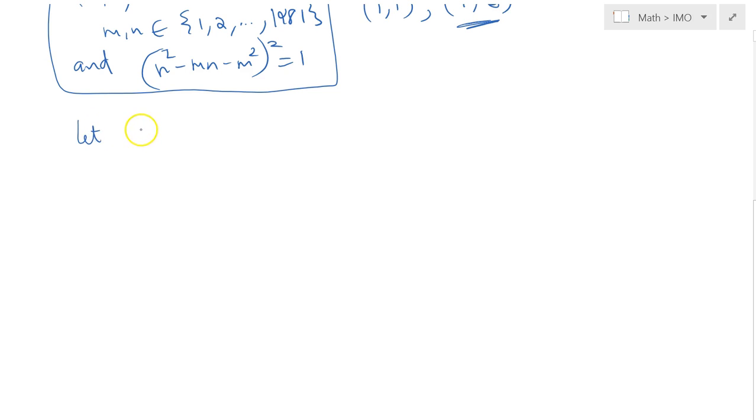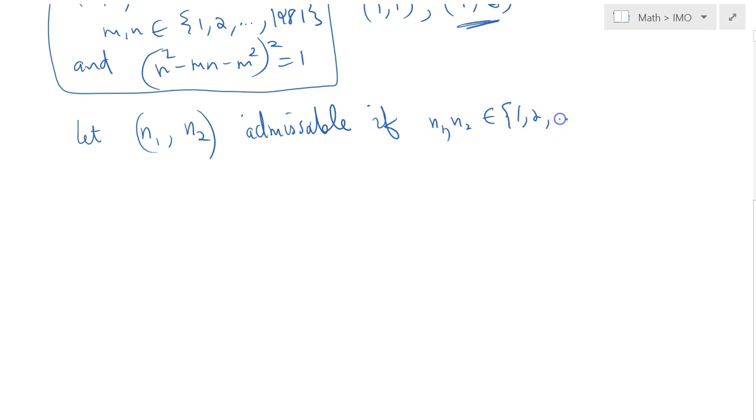Instead of calling it mn, I'll call it n1 n2. Why not? n1 n2 admissible, if again we pick n1 and n2 from the desired range, and also n1 and n2 satisfy n1 squared minus n1 n2 minus n2 squared is equal to 1.